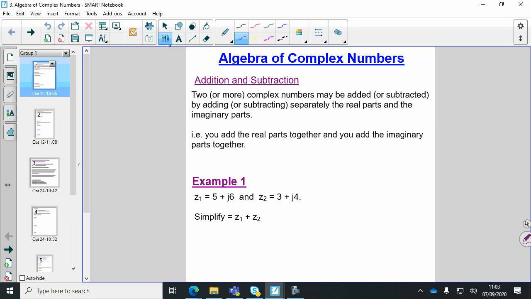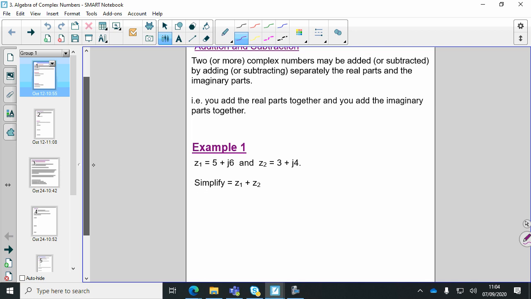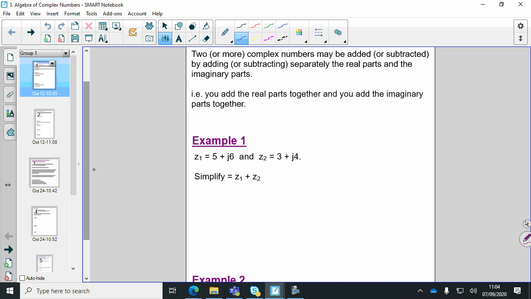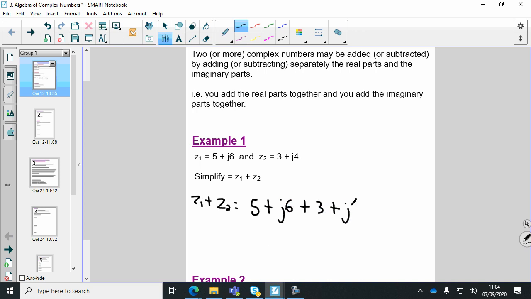Okay, so if we take this first example here, example 1, Z1 is 5 plus J6, and Z2 is 3 plus J4. So if we add together Z1 plus Z2, that is going to be 5 plus J6 plus 3 plus J4.